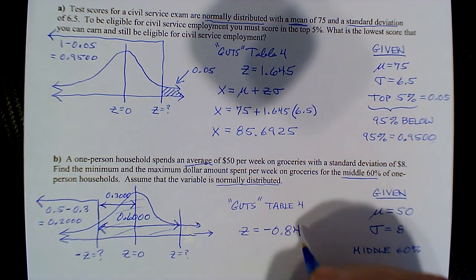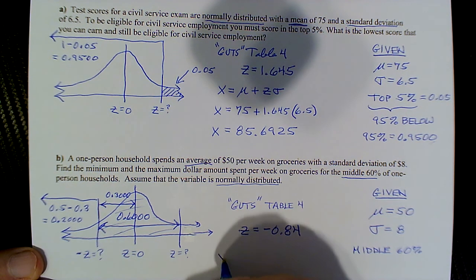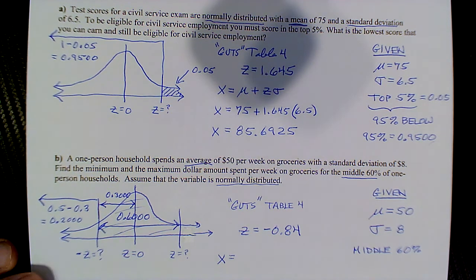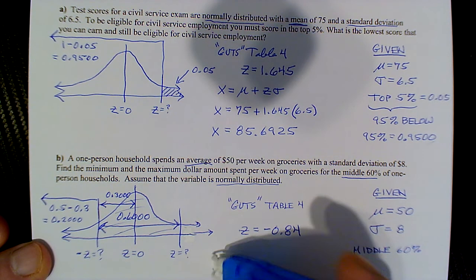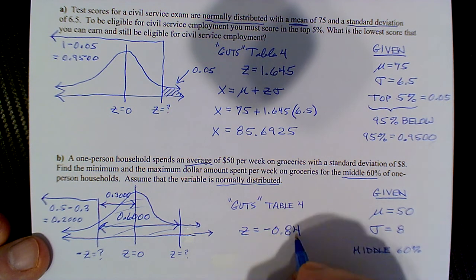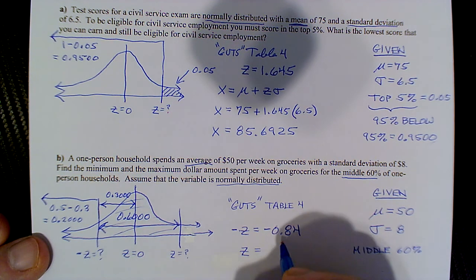Alright, so that's our z-score, and now for the x value, well, there's actually 2 of them. Let's do it this way, because we've got 2 z-scores, the negative and the positive. So the negative z is negative, and the positive z is positive.